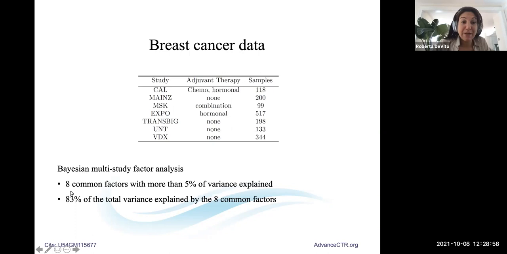I'm estimating 8 common factors that each provide 5% or more of the total variance explained. In total, the common factors are explaining 83% of the total variance, so I have a good explanation of the total variance of the data.